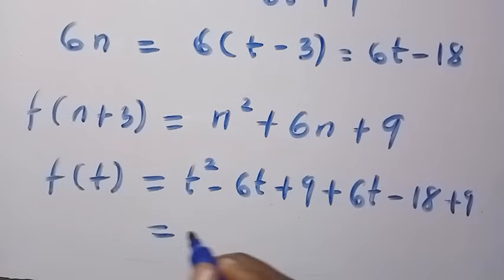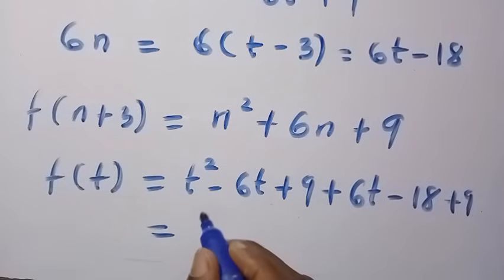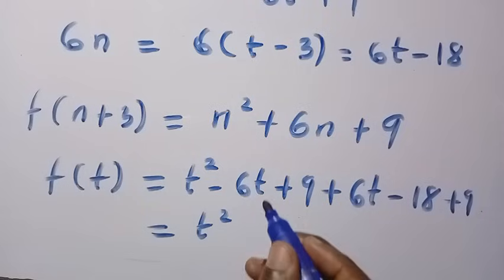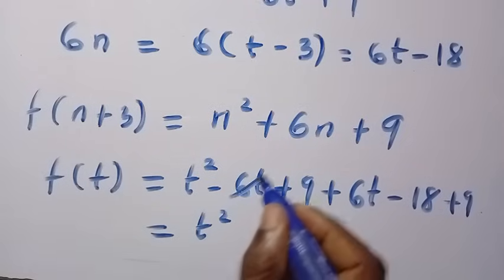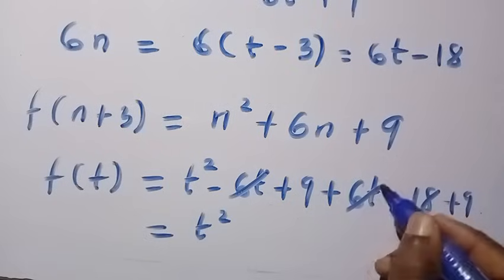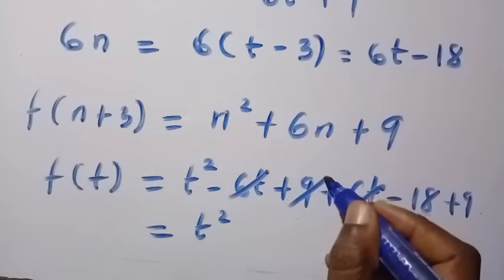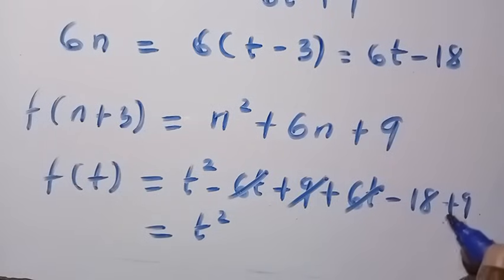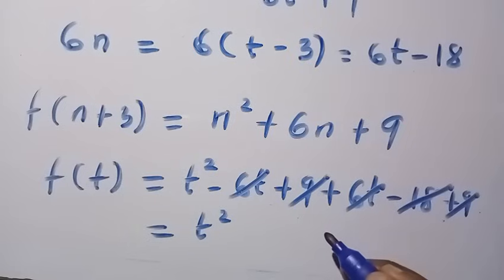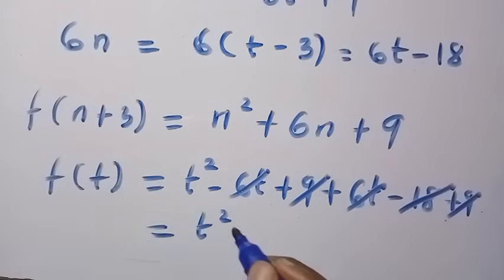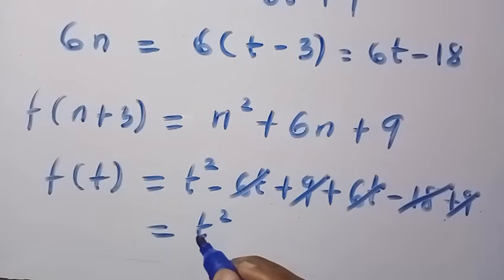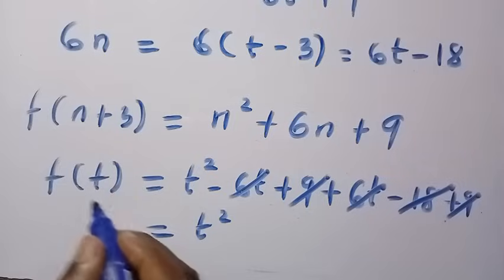Looking at this together, we have t squared only. Here we have minus 6t, and here is plus 6t. They cancelled. Here we have plus 9 plus 9 minus 18 also cancelled, which means we only have t squared here. And this is the result of f of t.